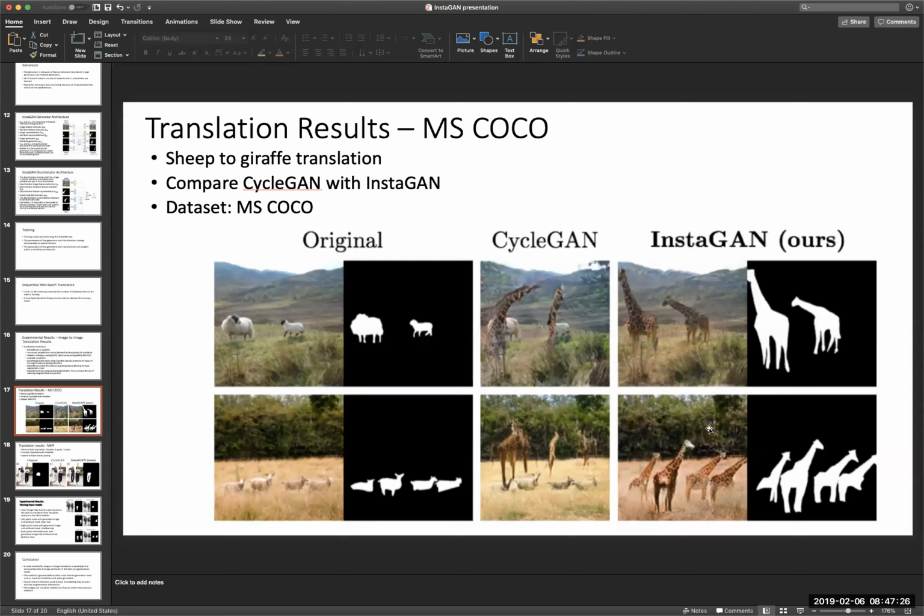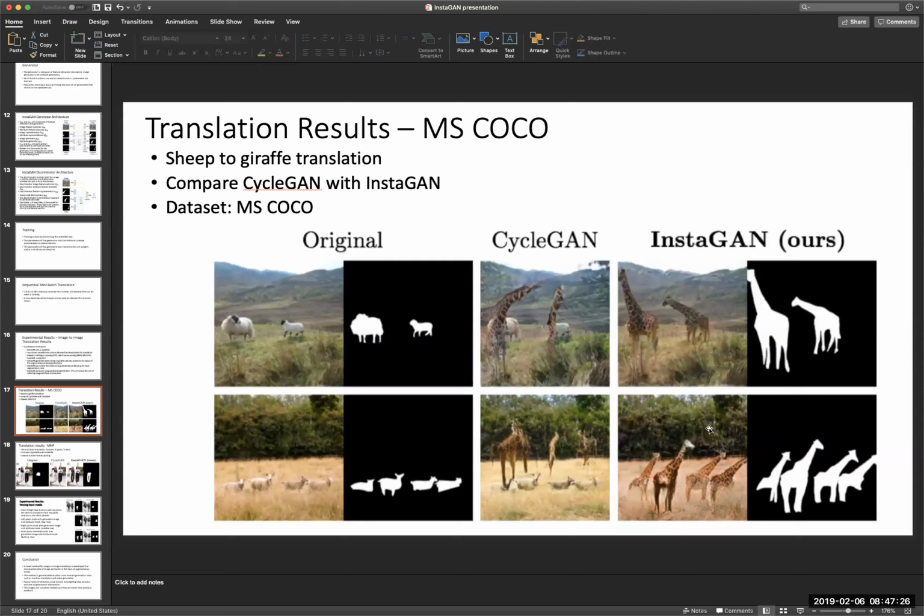Here's another data set, another translation result. This is the MHP MultiHuman Parsing, and the domain here is pants and skirts. So skirts to pants. Oh, I think I've reversed that. Skirts, pants.